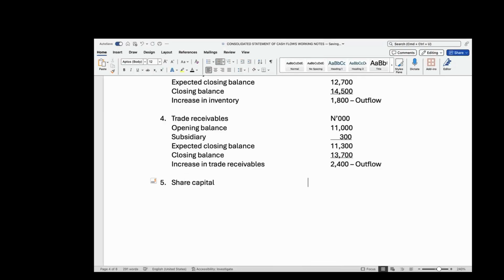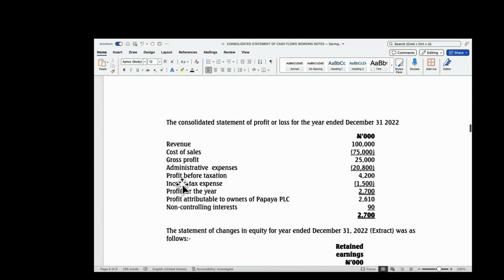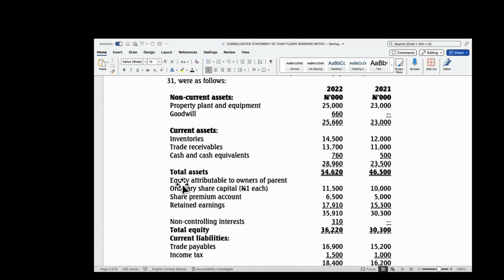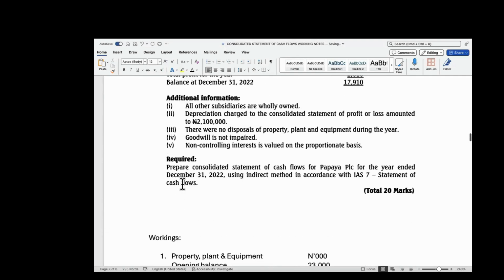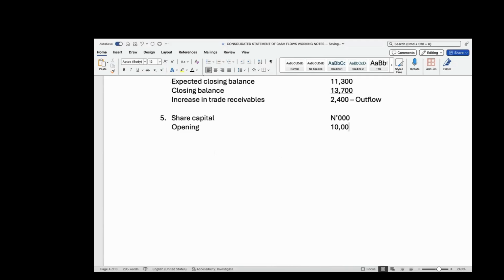Share capital, my opening share capital is how much? 10,000. Issue of shares. We issued shares to the subsidiary. We issued 1 million shares at 2 naira each, but the nominal value is 1 naira.